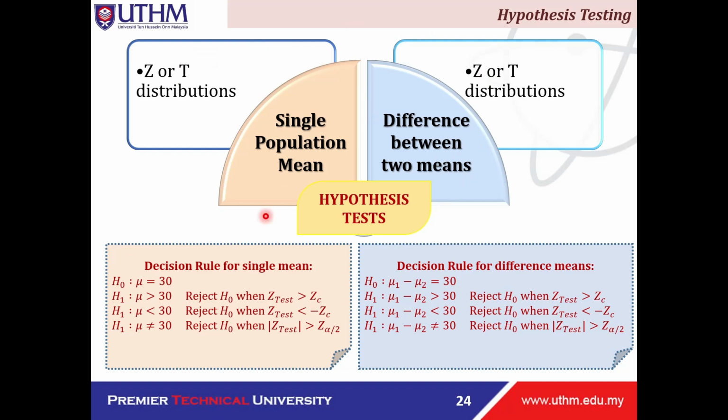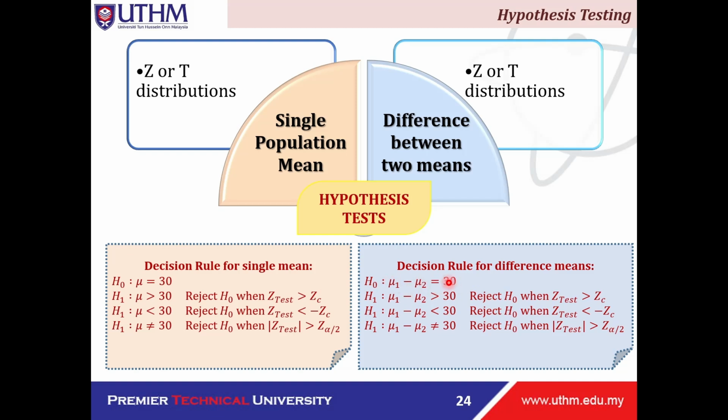Last week, we have seen this one. For single means, the null hypothesis is always mu equal to 30. Now for the difference between two means, for example, mu1 minus mu2 equal to 30.